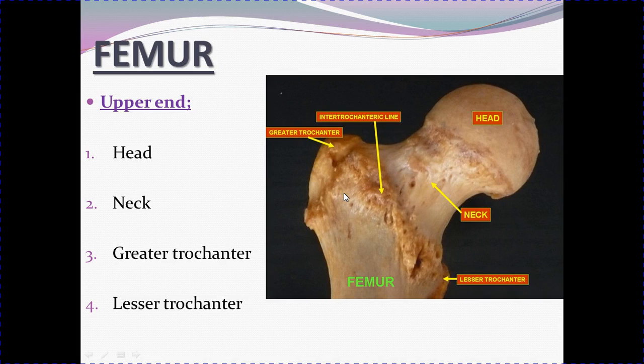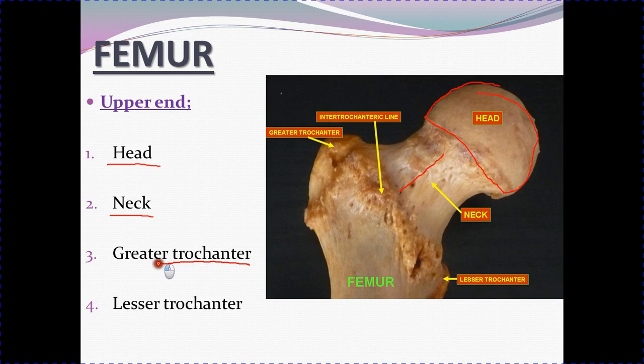The upper end of the femur has a head, which you can see in the figure. This part of the femur is called the head. It has a constricted part just below the head, which is called the neck of the femur.